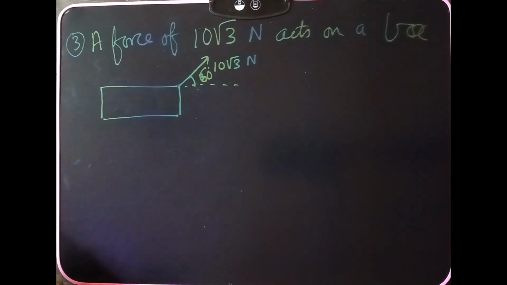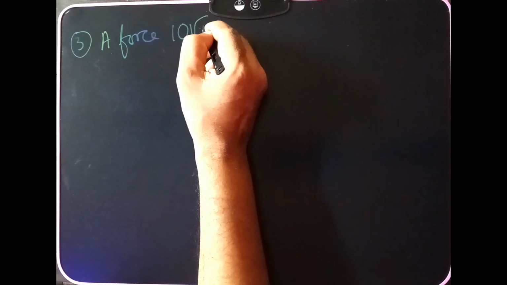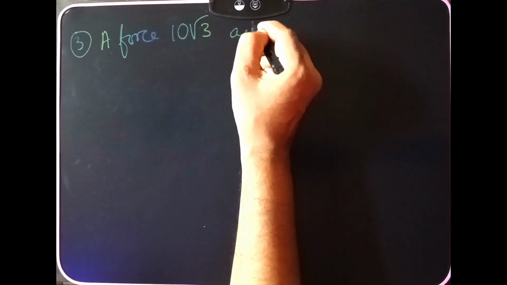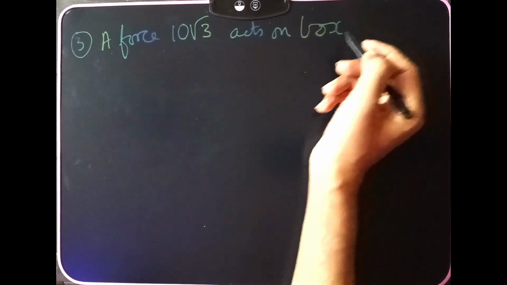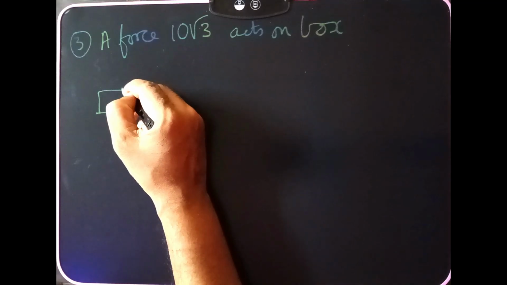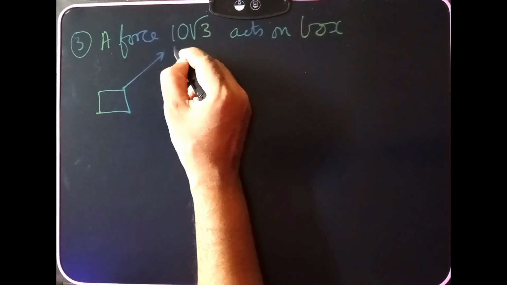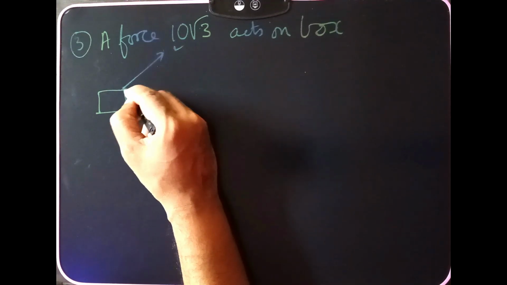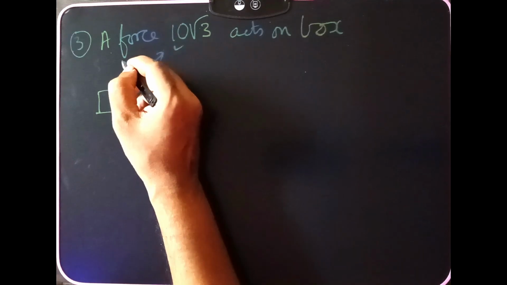Shall I write it again? It's not clear, I guess. Let me write it again. Third question, a force 10 root 3 acts on a box. This is the box, and this is the force acting, which is given as 10 root 3. So this angle it makes is 60 degrees.